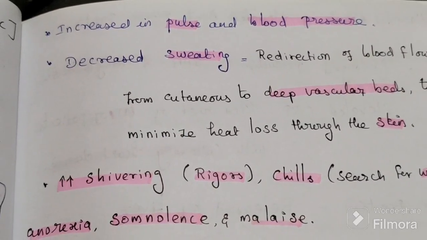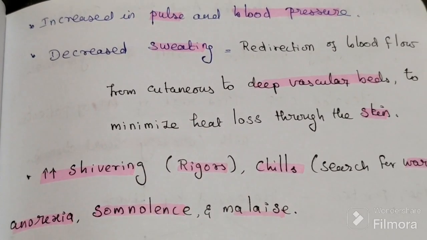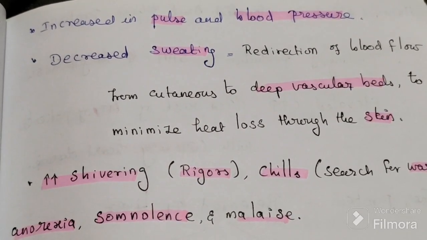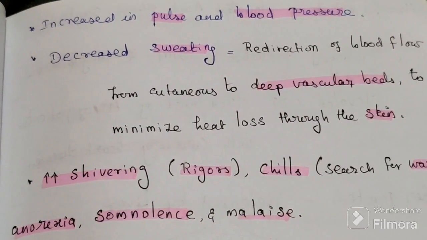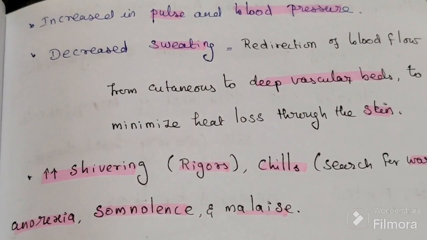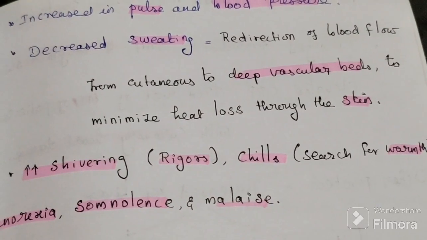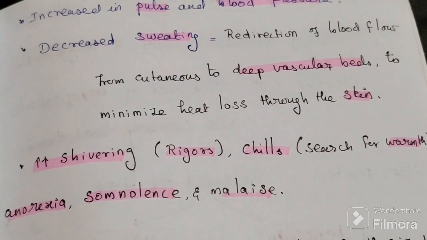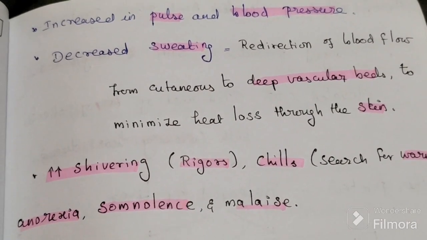Patient can also manifest increased shivering, which we refer to as rigors. Then the patient can search for warmth, which is referred to as chills. There will be loss of appetite, referred to as anorexia.